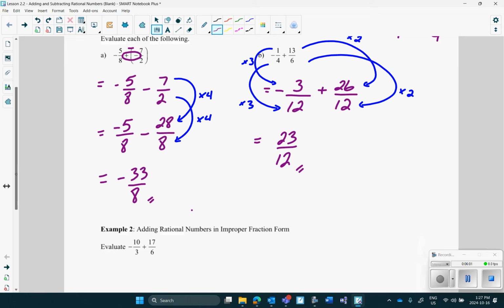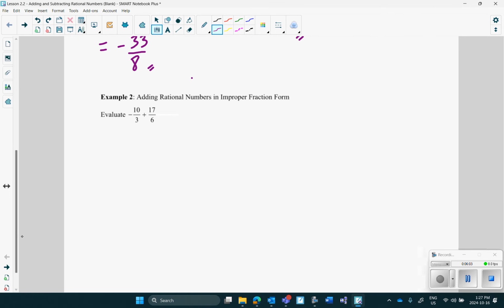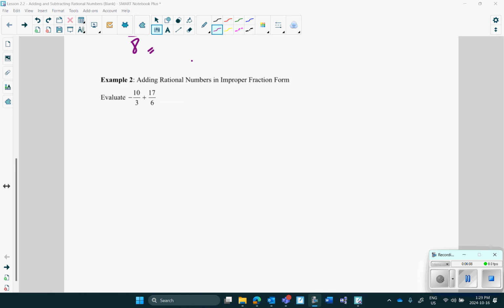Try the next one on your own or with a partner. Okay. Negative in front there. What's the lowest common denominator? 6. So the first one becomes 20, and don't forget there's a negative in front. Second doesn't change.